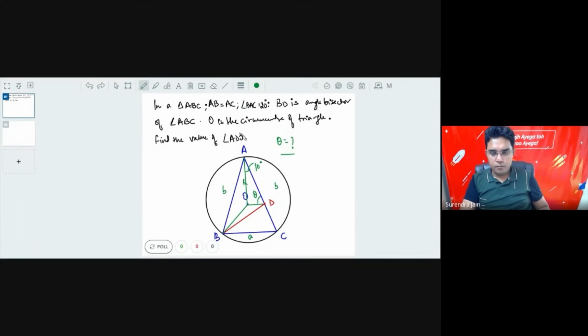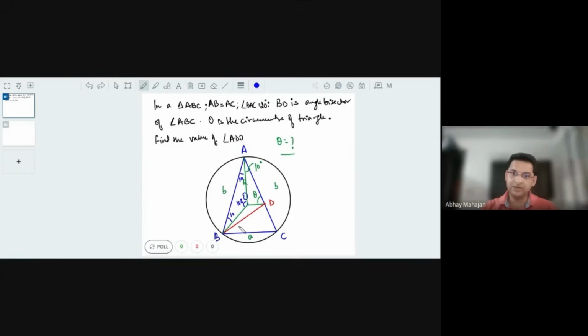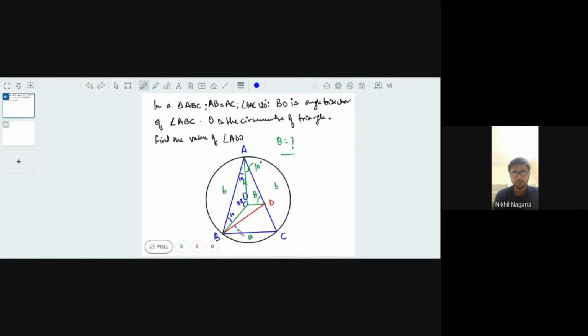Now OA and OB are equal, so angle ABO is also 10 degrees. And now BD is the angle bisector, so angle ABD is 40, because angle ABC is 80, so ABD is 40. So OBD is 30 degrees.